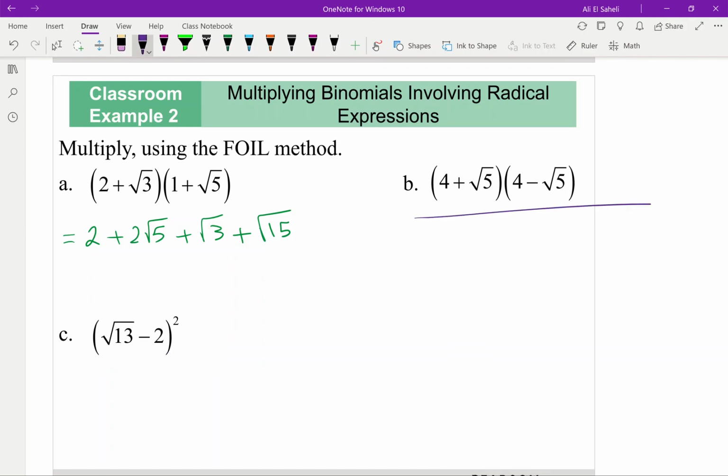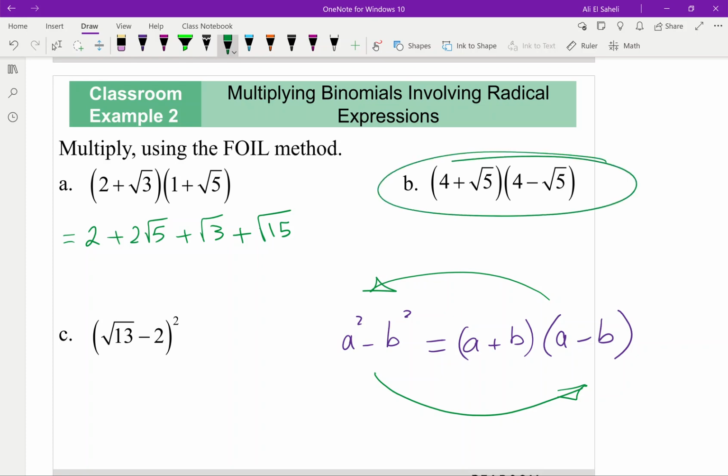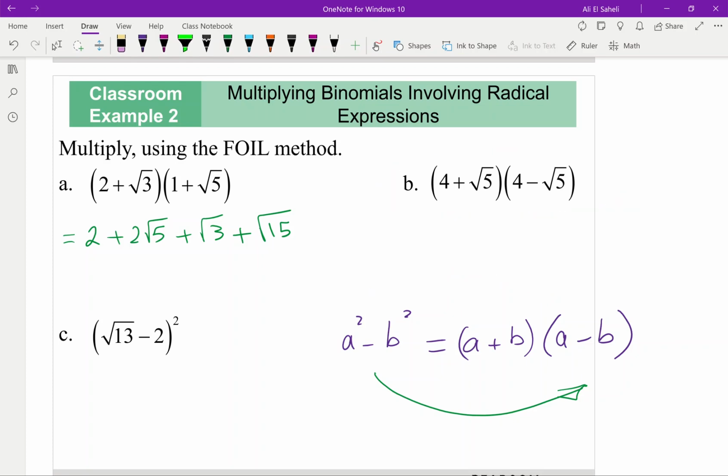B. Let's do B first. Now remember this. A squared minus B squared is A plus B times A minus B. So we have to look at this from both directions. This equals this, this equals this. So this is the right side of what we have over here. If you identify A as 4 and B as radical 5.